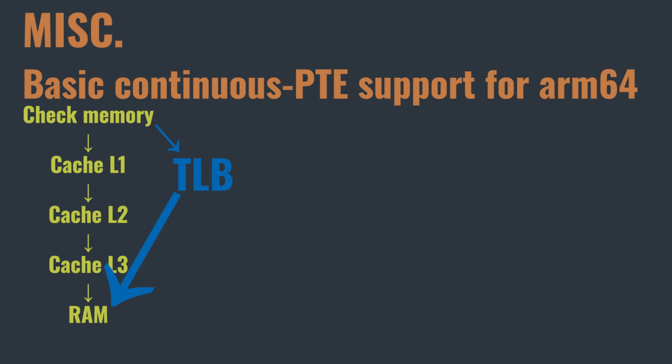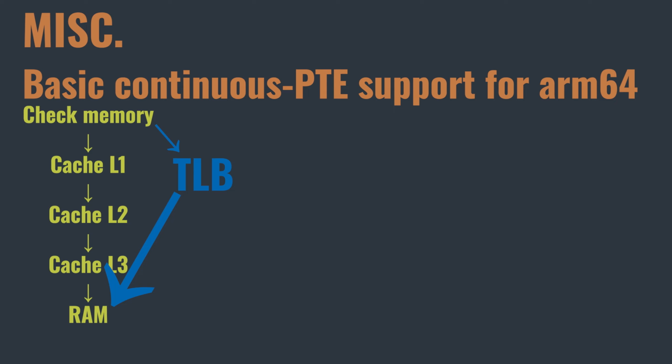So to make that faster, they have a translation look-aside buffer, which pretty much tells the CPU, hey, stop looking at all of those crazy places, just look there. It's there. It's going to be faster.